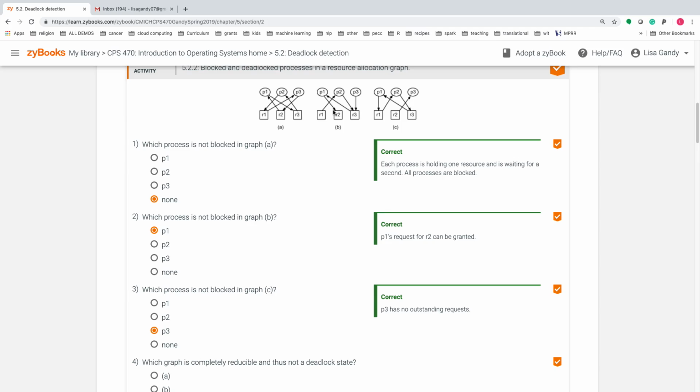It's got R3 and it's asking for R2, so it's releasing R3. R1 is going to be allocated to P2. Which one was asking for R3? We're doing B, yeah, we're reducing it. P2 and P3 are asking for R3.